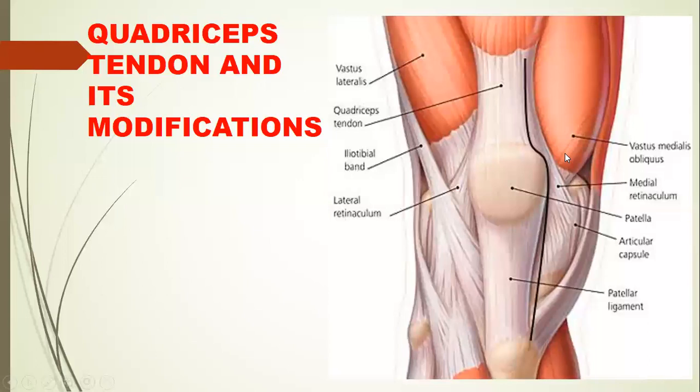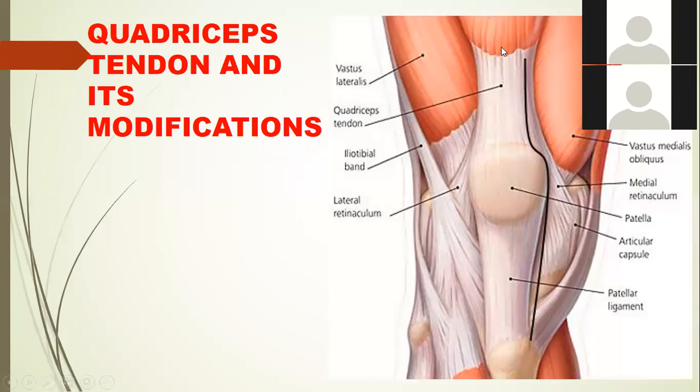So these fibers just hold the patella at this level and prevent its lateral displacement during the contraction, or during the movements performed by the muscle. Which muscle? The quadriceps femoris. So this is not difficult. This is very simple. And remember that the quadriceps femoris muscle is the powerful extensor muscle of the knee joint.